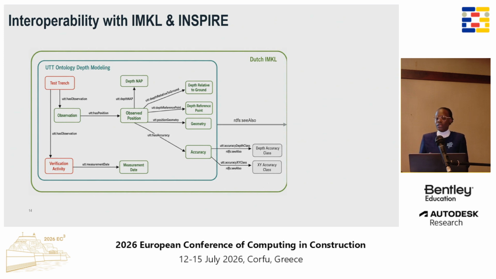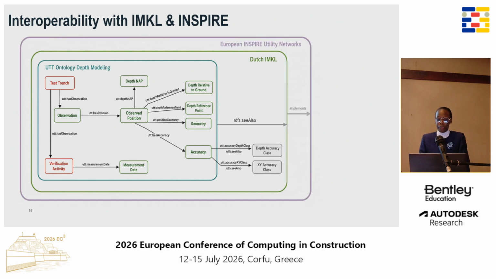And because the Dutch data model also makes reference to the European INSPIRE Utility Networks model, this model for the test trenches is making inference to the European Utility Networks model, which can be added for interoperability. At this stage of the project, this is where we have reached in terms of instantiation.